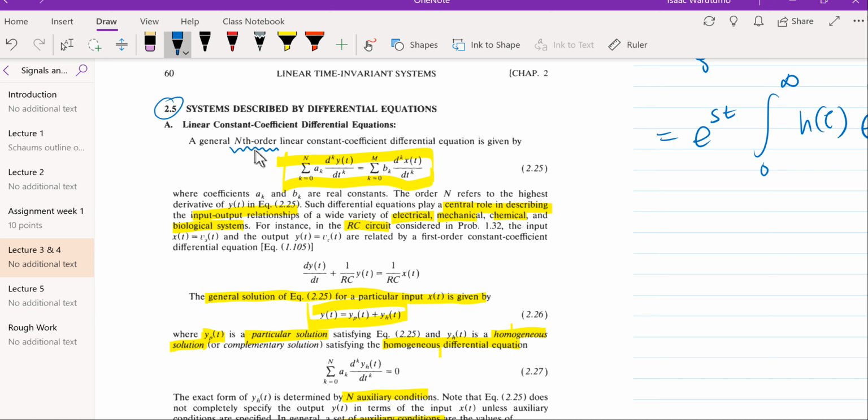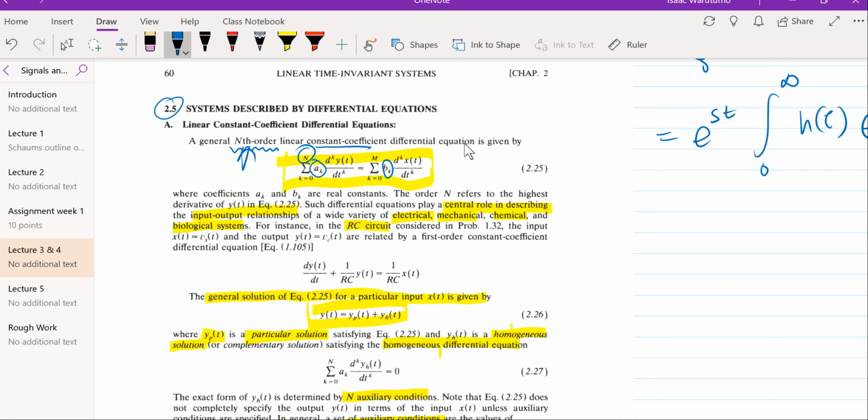So there are a number of terms here. The order is n, which is described by this n. Then there are constant coefficients that are described by ak, and also by bk.